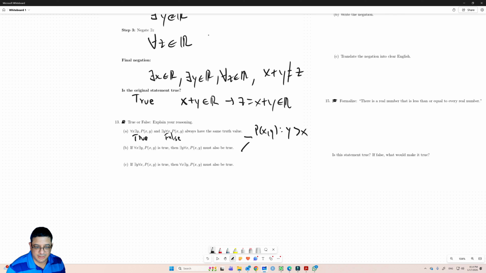This is kind of an equivalent question somehow. This is a then, so that's the difference in there. This is a P implies Q situation. And notice that if we use this same one, we will have a true implying false. And true implying false is going to be false.